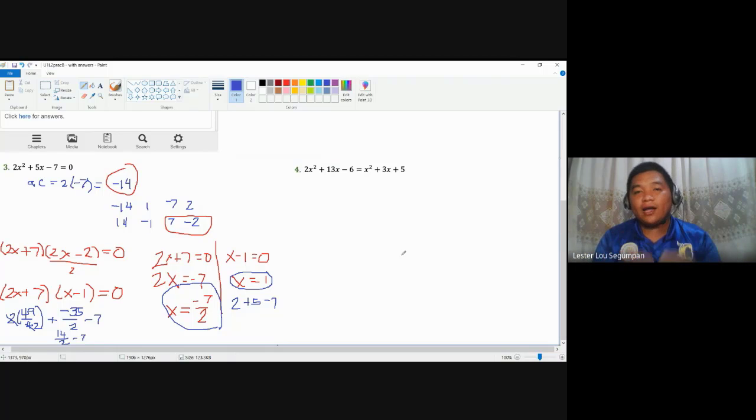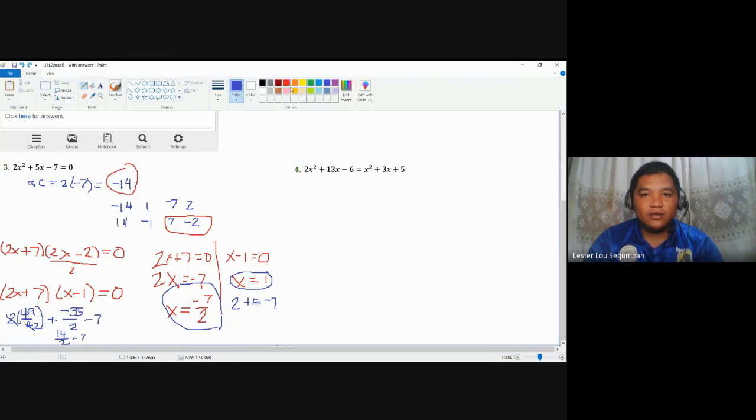Because we can use the factoring method if the extracting square root method is not anymore possible and it's factorable. If the quadratic expression cannot be factored, we cannot use factoring. So we subtract both sides by this value so that this side will become 0.